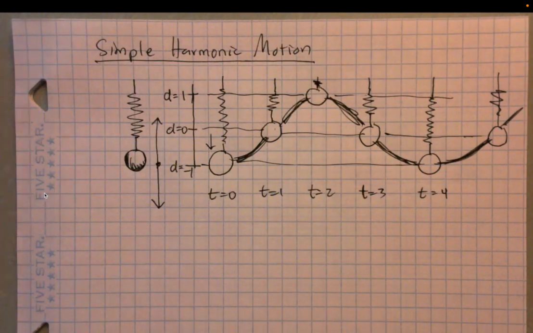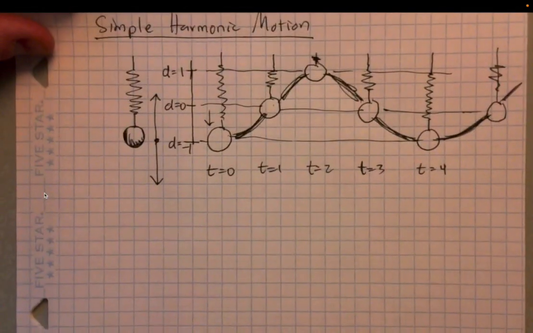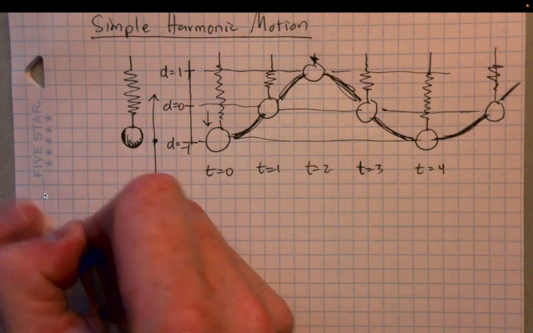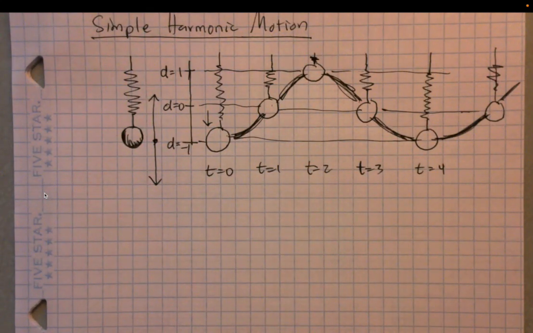Okay? All right, so let's define simple harmonic motion. This is going to be a loose definition. We're just trying to gather some intuition here and see how trig functions can be used to model things like this.